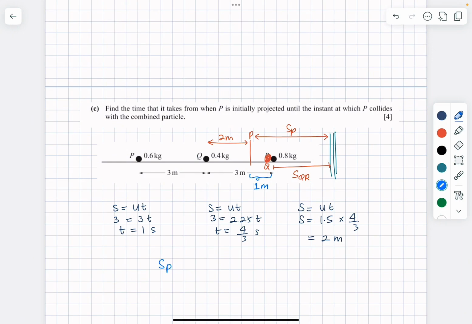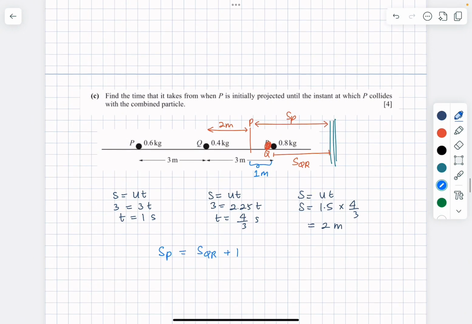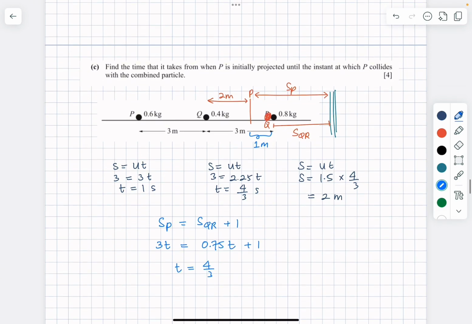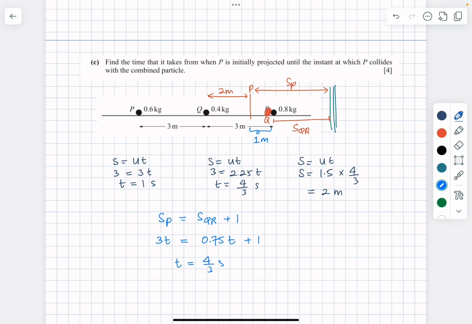So SP equals SQR plus 1. SP is 3T, SQR is 0.75T plus 1, and then we get T equals 4 over 3 seconds. And the total time is 1 plus 4 over 3 plus 4 over 3, which is 11 over 3 seconds.